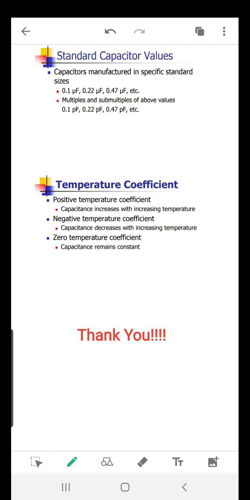If the temperature increases in the circuit, the capacitance also increases. To restate, with a negative temperature coefficient, when the temperature increases the capacitance decreases, and with a positive temperature coefficient, the capacitance increases with the increase in temperature.